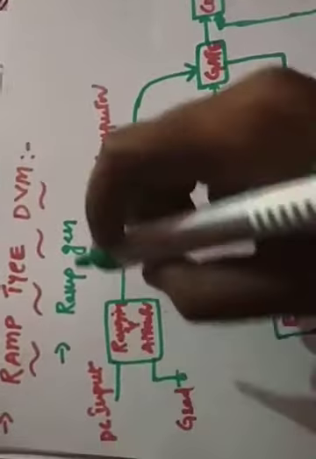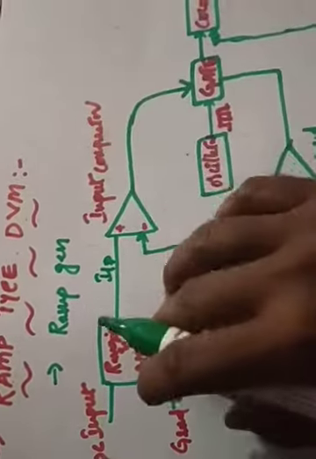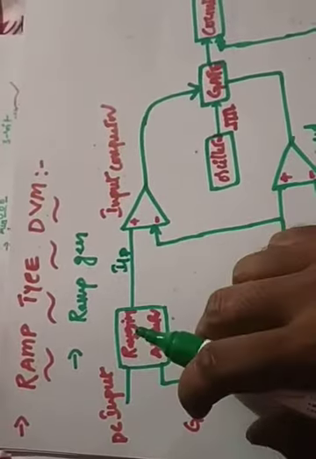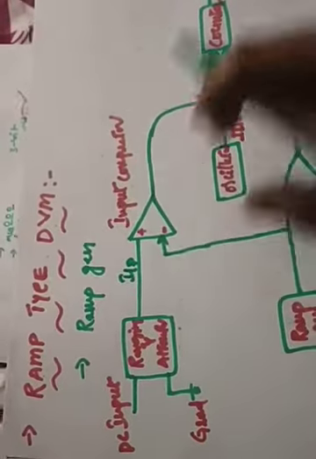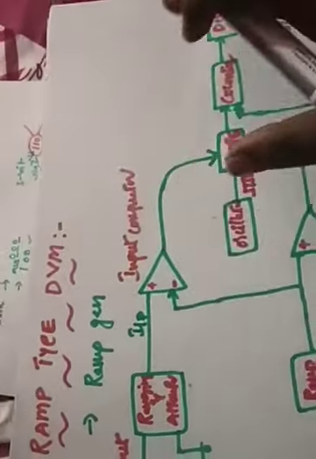So it is nothing but input, right? Whatever the analog input coming out from the ranging and attenuator will enter into the input comparator. So you know about the comparator. When will the comparator work? The comparator has a positive and negative signal, right? It will send the signal when the positive signal is always greater than the negative signal.